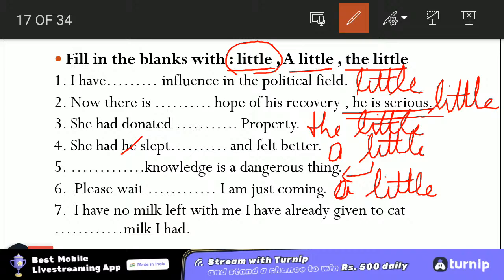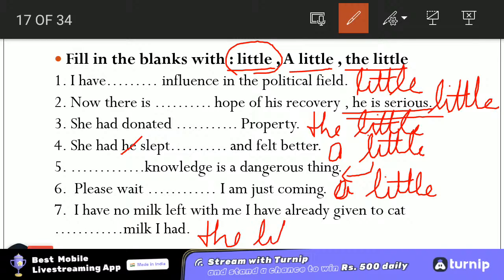Next, I have no milk left with me. I have already given to the cat the dash milk I had. अब उसके पास कोई मिल्क नहीं है. जो मिल्क था बचा हुआ वो उसने किसको दे दिया? उसने कैट को दे दिया. तो जब हमारी सिचुएशन ऐसी हो, not much but all of that much has also been given to someone, we use the little.